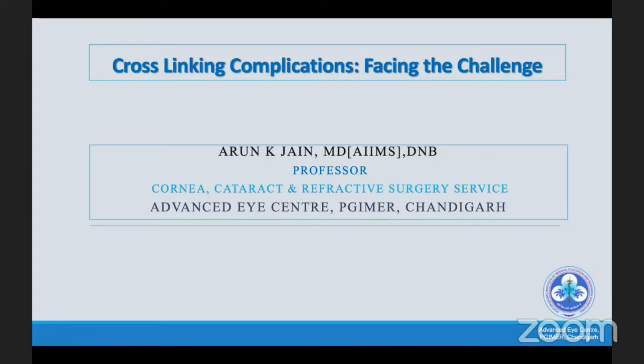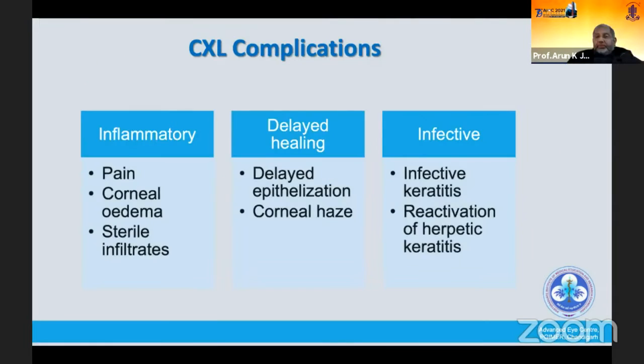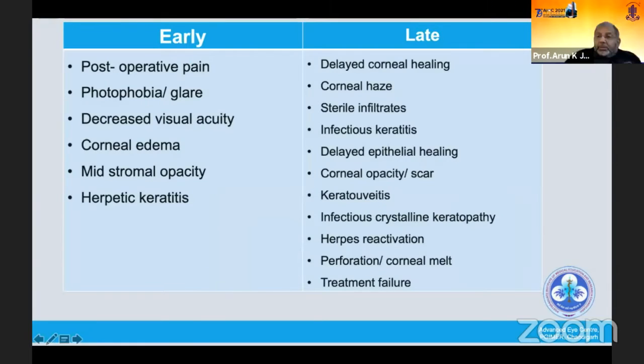Okay, so what are the complications of corneal collagen cross-linking? We can divide these complications of C3R into basically three groups. These are inflammatory in nature, which could be pain, corneal edema, and sterile infiltrates.